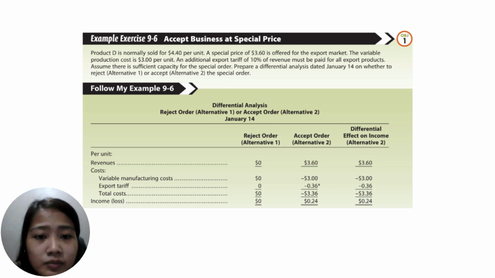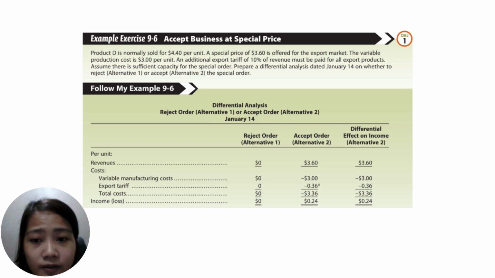So for alternative number 2, which is to accept the order, we have a revenue of $3.60 as stated in the example data, and then we have a cost of $3 for the variable manufacturing, and then we compute the export tariff by $3.60 times 10%.